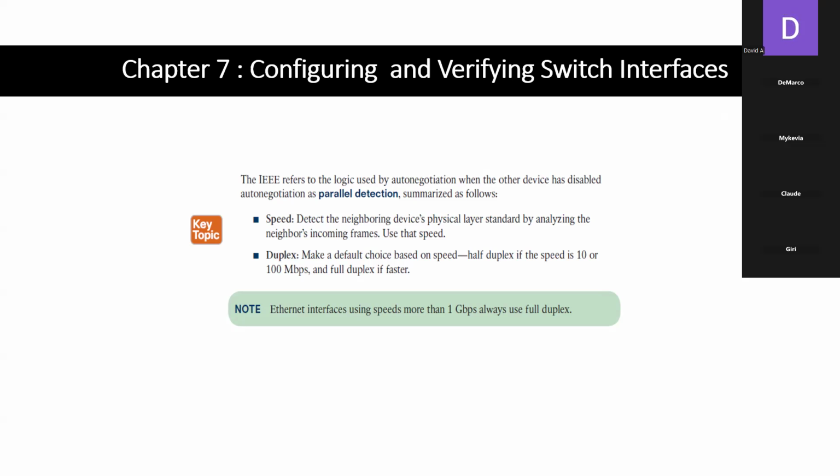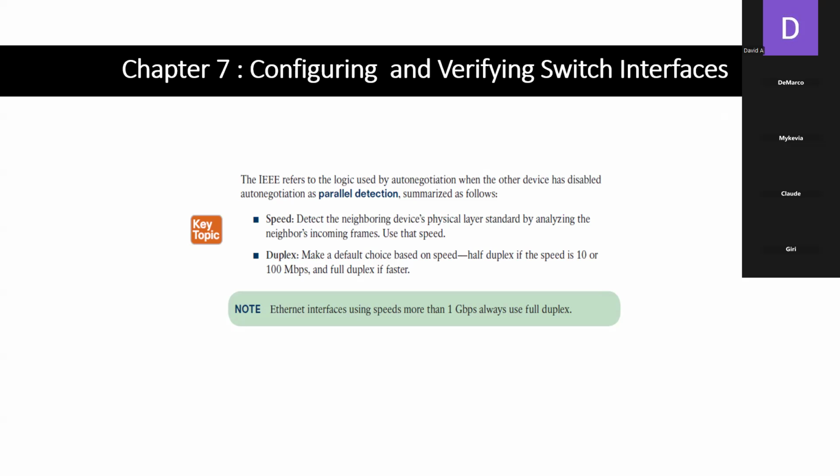So my Cisco router, knowing that it uses the same standard, solves the question of what speed to use. The choice of duplex requires using a default, right? If the speed is 10 or 100 megabits per second, hear me out, the device attempting auto negotiation uses half duplex. Otherwise, it uses full duplex. Does that make sense?